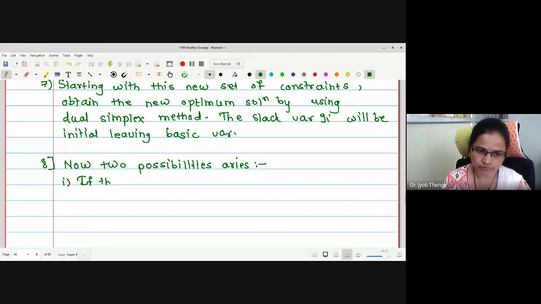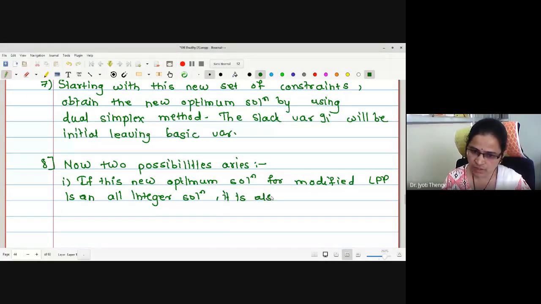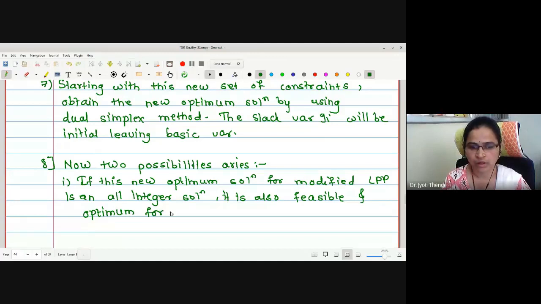If this new optimum solution for the modified LPP is an all integer solution, it is also feasible and optimal for the given LPP. This is the first possibility, correct?